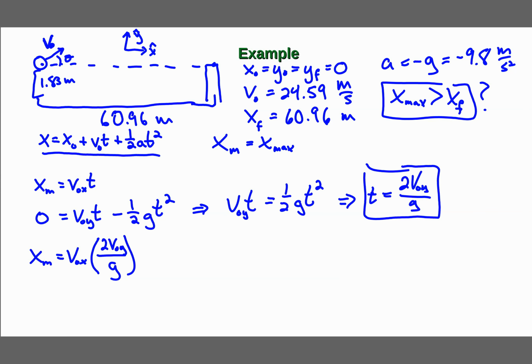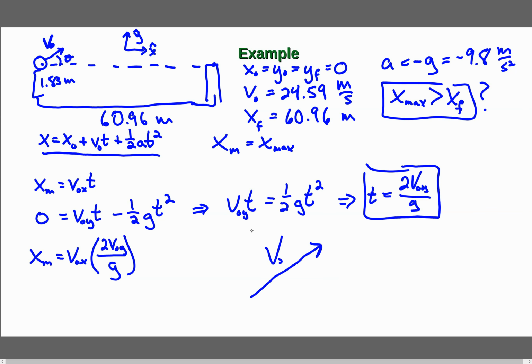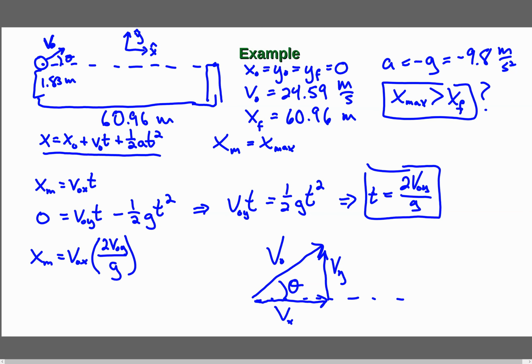So as an aside for a second, think about, we're throwing the ball with some initial velocity here, v naught. We have the horizontal direction here. We have some angle, theta, above the horizontal direction. That means that we have an x component, vx, that goes horizontal, and a y component, vy, that goes vertical.